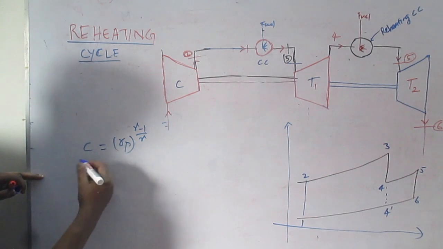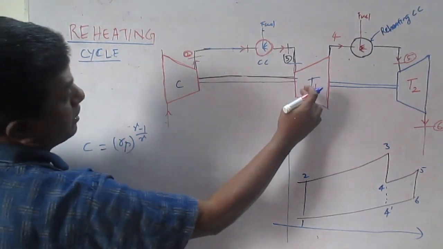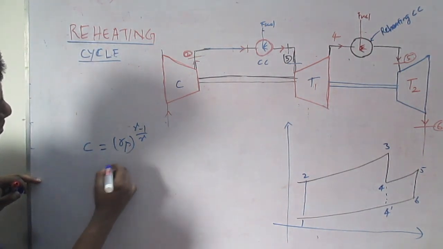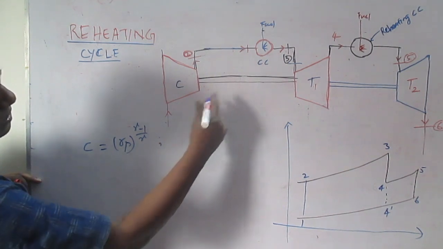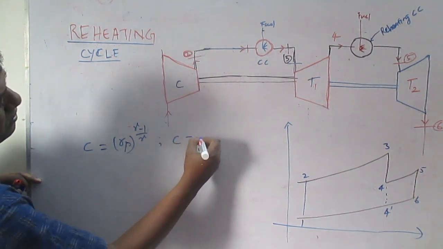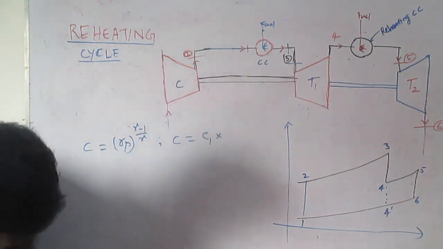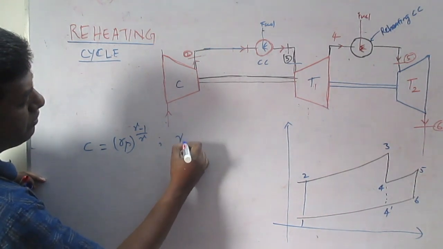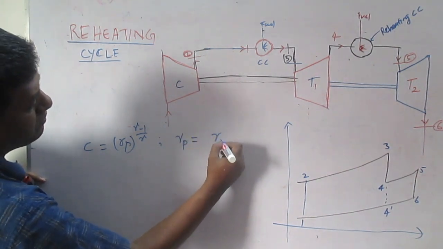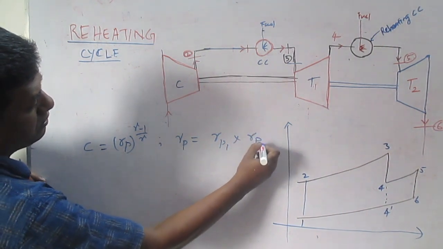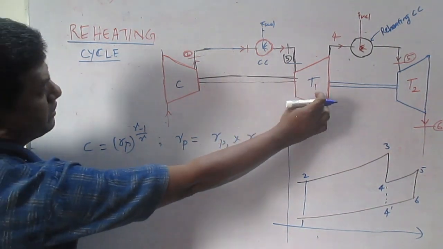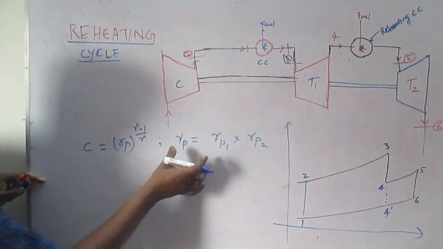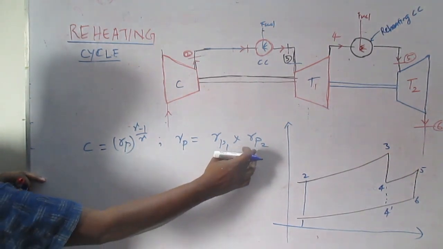This is as it is; we are not disturbing it. But since we now have two turbines, the pressure ratio rp is split into rp1 into rp2. Because of the splitting, we conclude that rp equals rp1 into rp2.